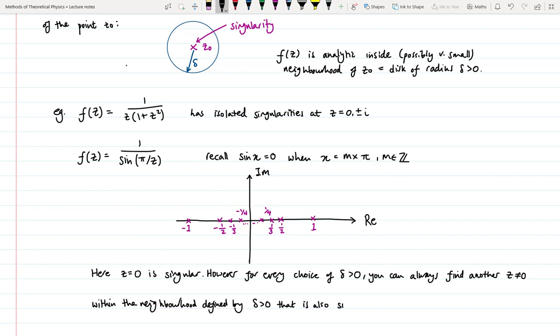We can always find a large enough integer such that when z is 1 divided by that integer, it lies arbitrarily close to the singular point at the origin.